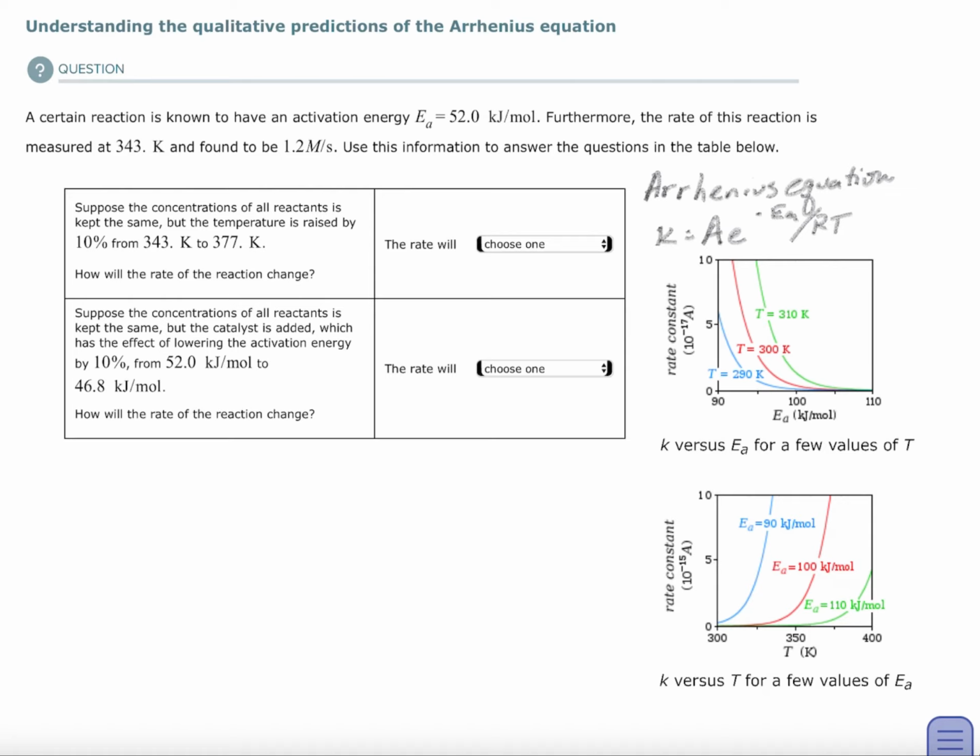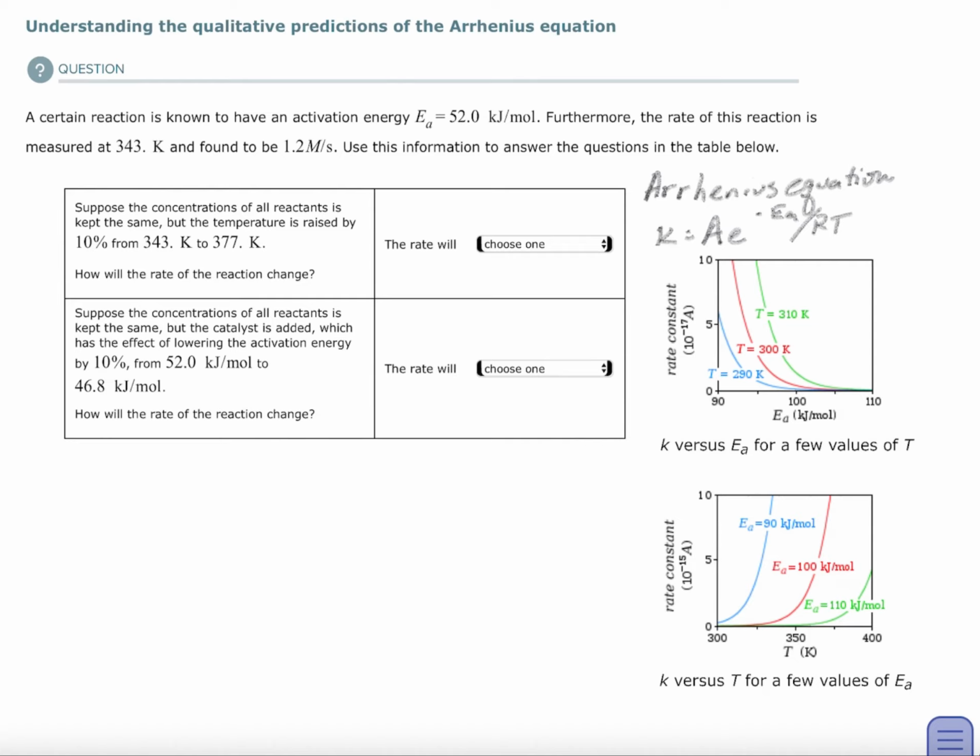Now you have a converse graph on the top. If you increase the activation energy, it makes it harder to happen because more energy is required in order to make those bonds form or break. If you increase the activation energy, you're dropping the rate.